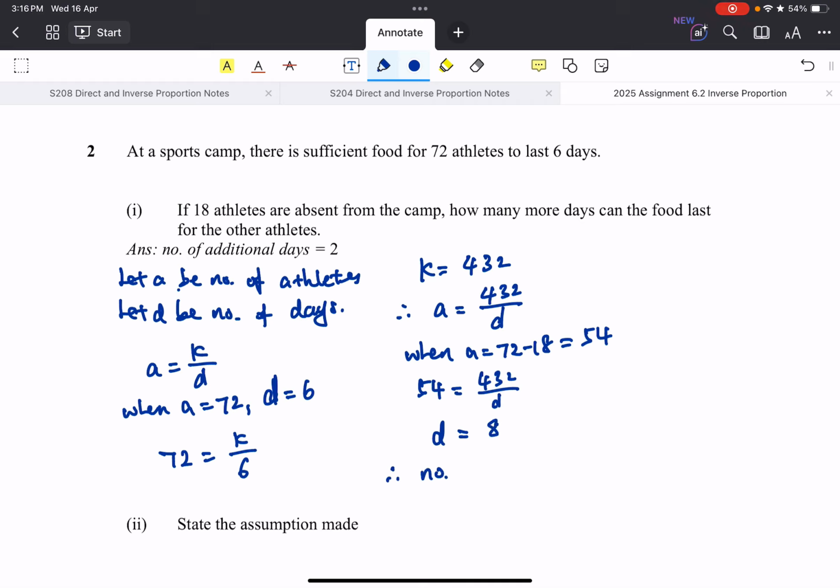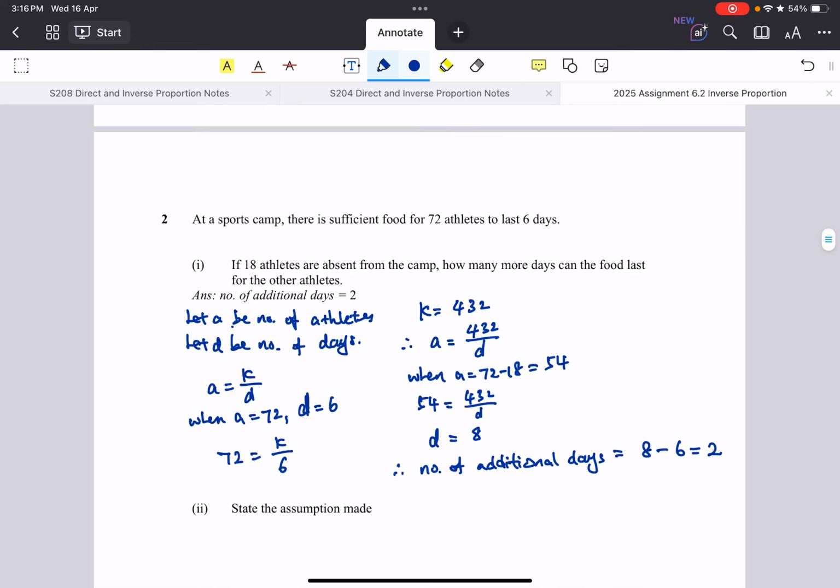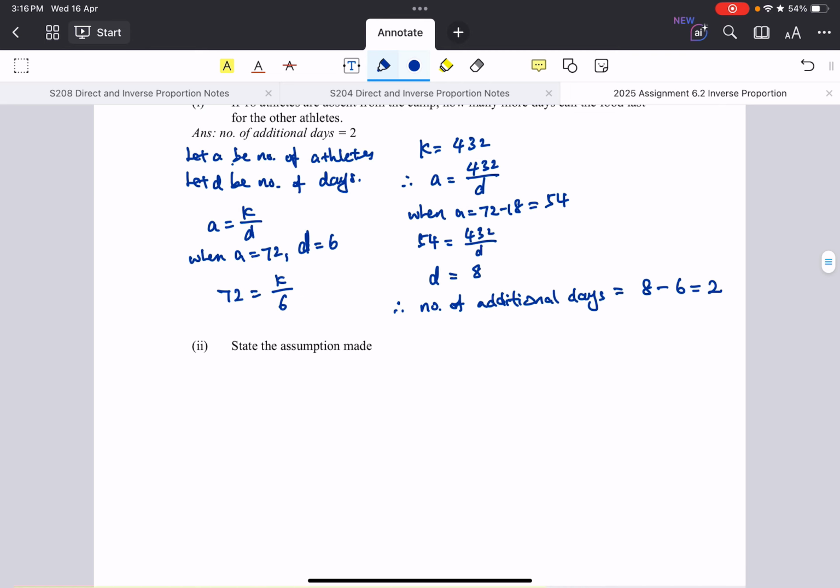Therefore, the number of additional days equals 8 minus 6 equals 2. There we go. So the assumption is all athletes eat the same amount of food.